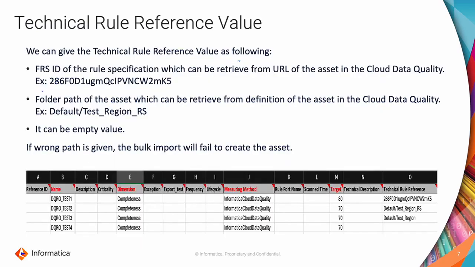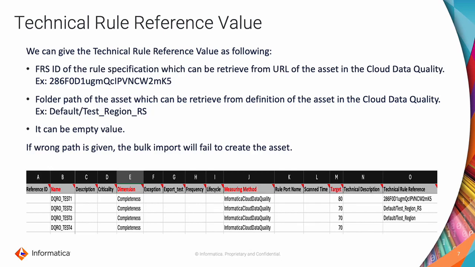Once this is done, after enabling auto-cataloging, we can do a bulk import in the rule occurrence. For the rule occurrence, we will need either an FRS ID or the project/folder path.